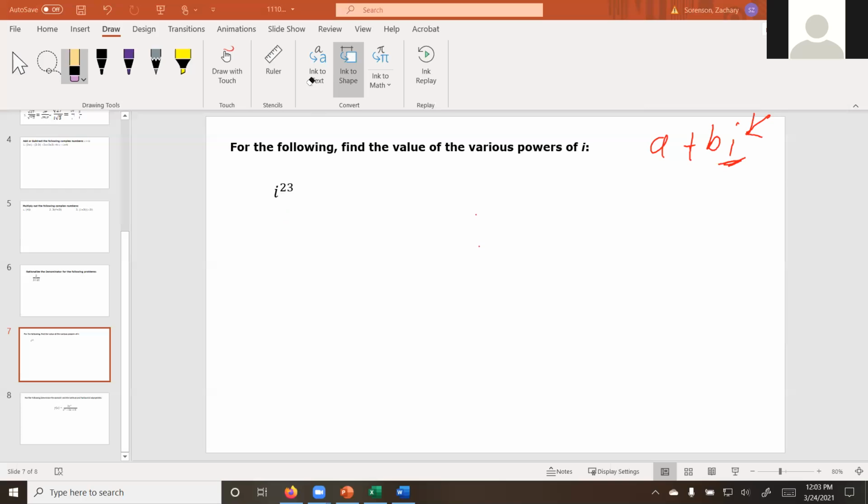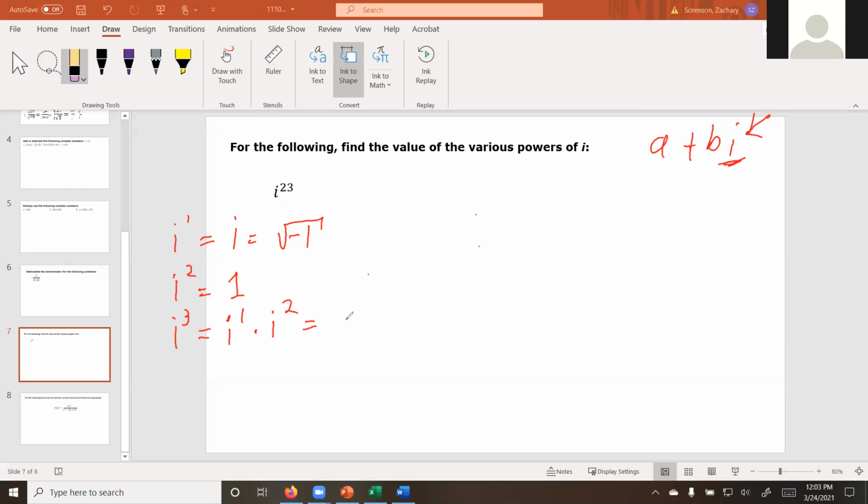Well, let's just talk about i again. We know that i is the square root of -1. We usually just say i to the first is just i. If we want to write the square root of -1, that's fine. We also know that i squared is equal to -1. Talked about that. i cubed is just i to the first times i squared.